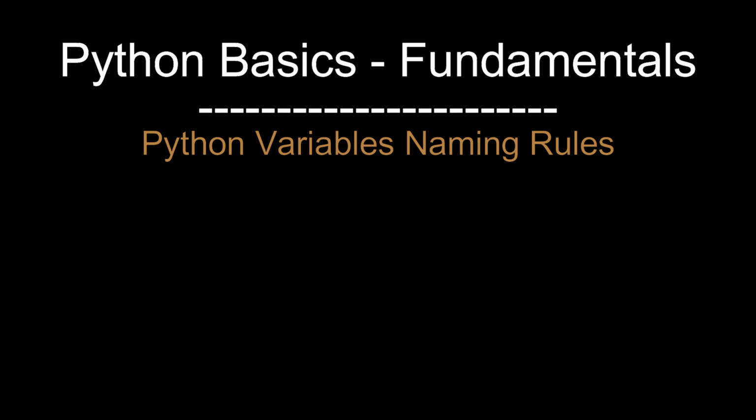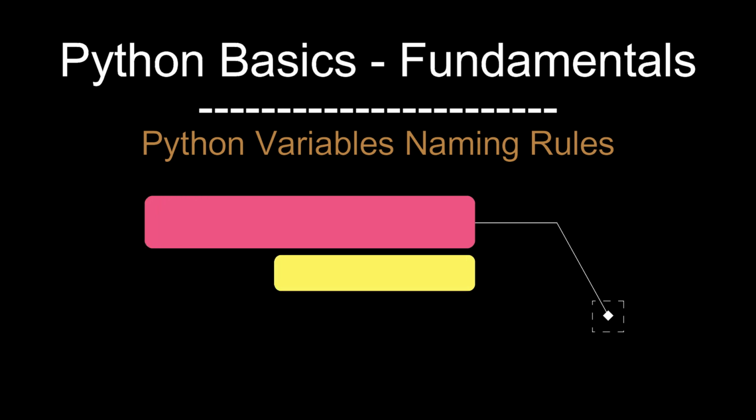That's the second rule. The third rule is that variable names are case sensitive. That means, for example, if you create age with an uppercase A and another age with a lowercase a, they are not the same.